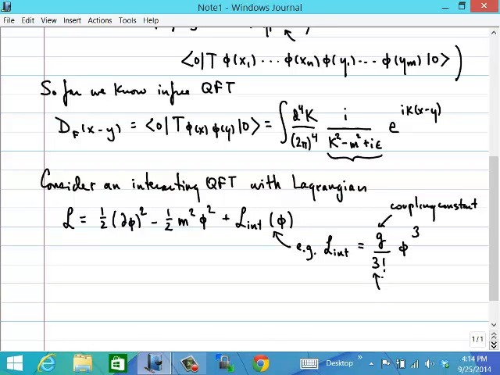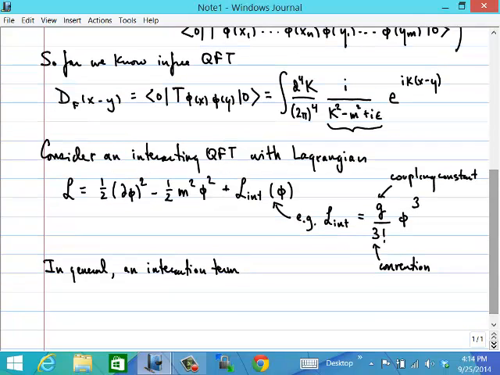And this factor of 3 factorial is just a convention. And so the convention is that, in general, an interaction term, say g phi cubed or lambda phi to the 4th, we'll just include a convention, so 1 over 3 factorial for a phi cubed interaction, a 1 over 4 factorial for a phi to the 4th interaction.